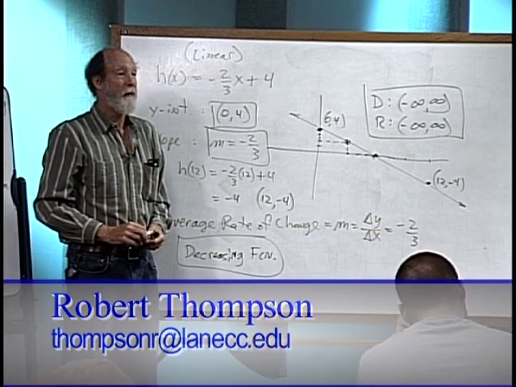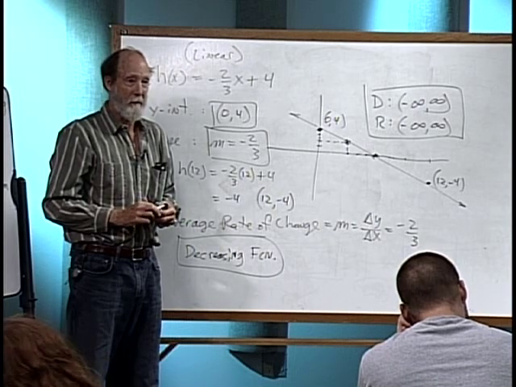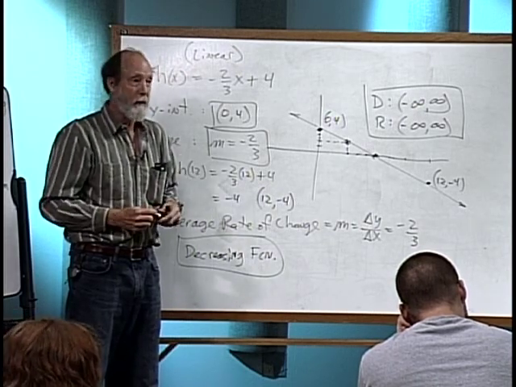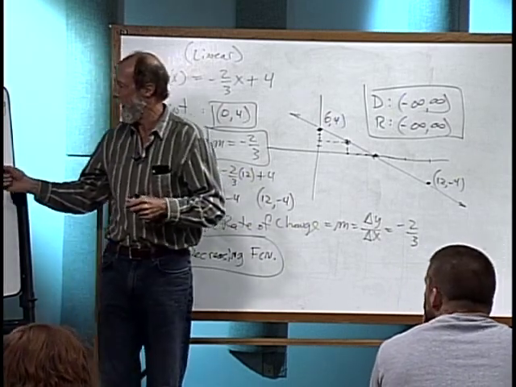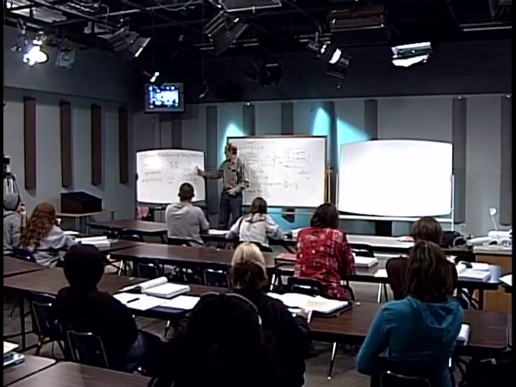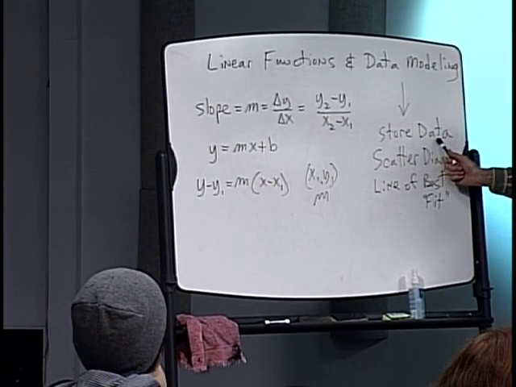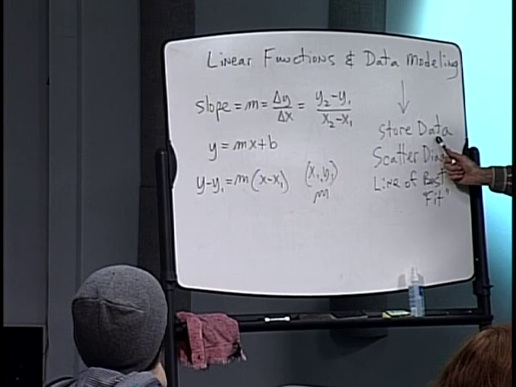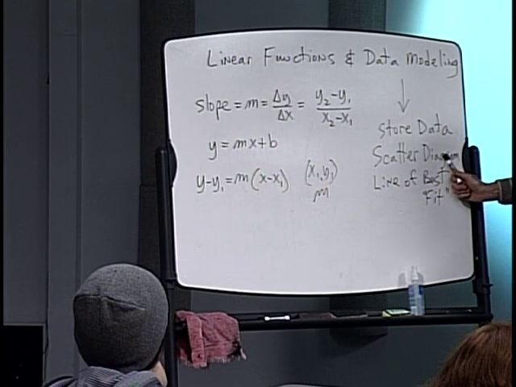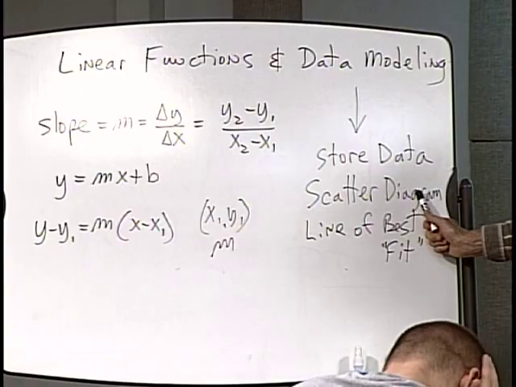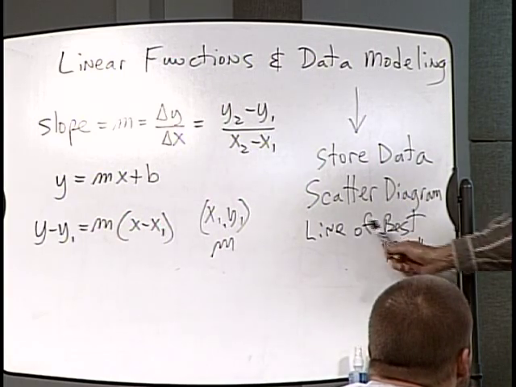All right? So let's now look at a set of data, or maybe we could find an application problem, something sort of real that's in the book. Let's find something that's going to give us some data, learn how to store it in our calculator, or you could do it by hand by building a little table of the data, and then generate a scatter diagram either by hand or using your calculator, and then finally look at the data as a graph and generate a line of best fit.